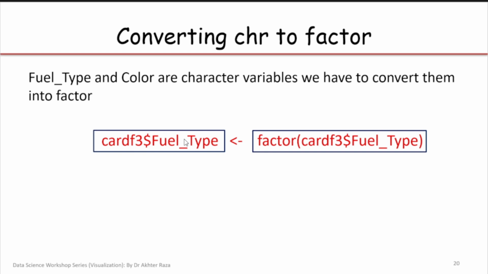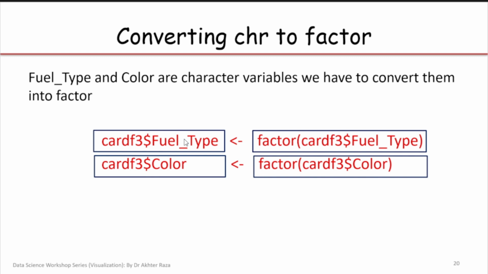Before this command, the type of the fuel type was character, and after this command, the type of the fuel type variable is factor. The next command converts the color variable into a factor by using this statement.